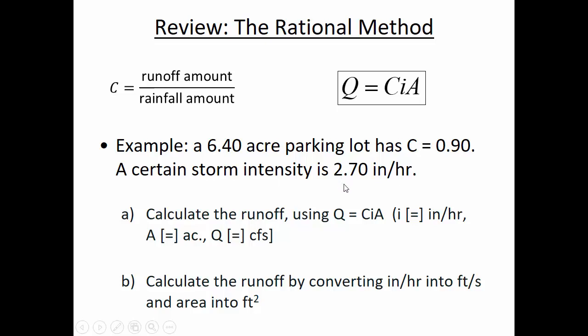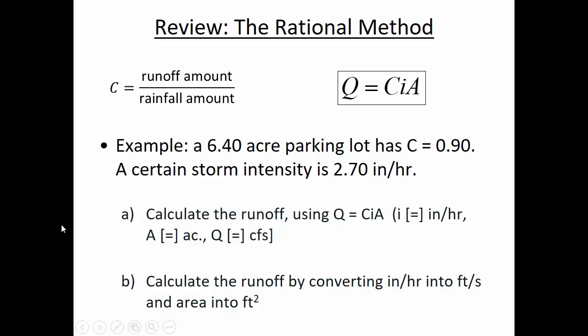I found the time of concentration and the applicable rainfall intensity. We just want to look at the units, because what I've told you before is that you get CFS, cubic feet per second, by multiplying inches per hour by acres. Now it's just a coincidence that that works. That's not actually a fundamental conversion. I'll show you how closely it matches the fundamental conversion. But do part A real quick if you don't mind.